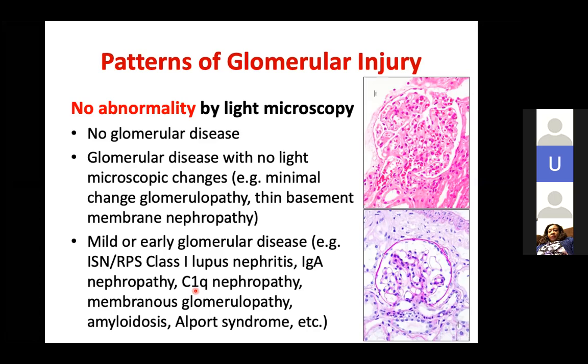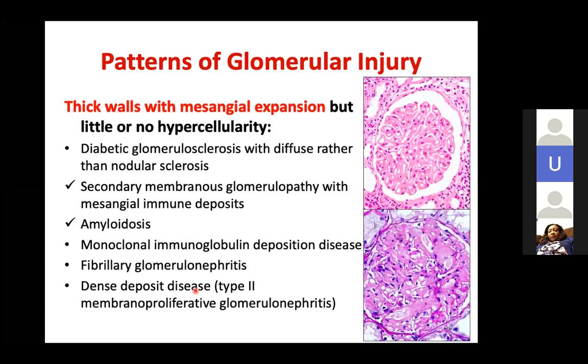So never ever do we go only by morphology. We have to take help of immunofluorescence, but you can have scenarios where our glomerular morphology would be absolutely normal. Another morphological change which we see in glomeruli would be that you just have thickened basement membranes without any hypercellularity.